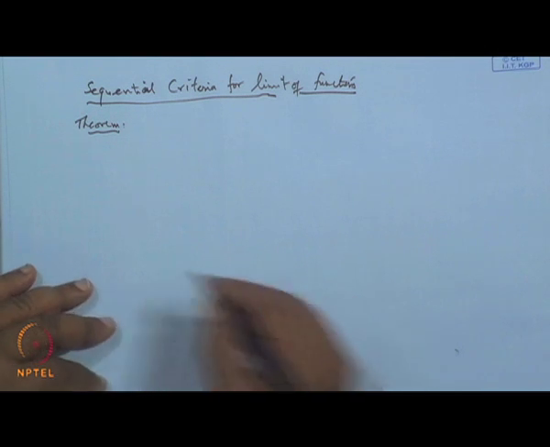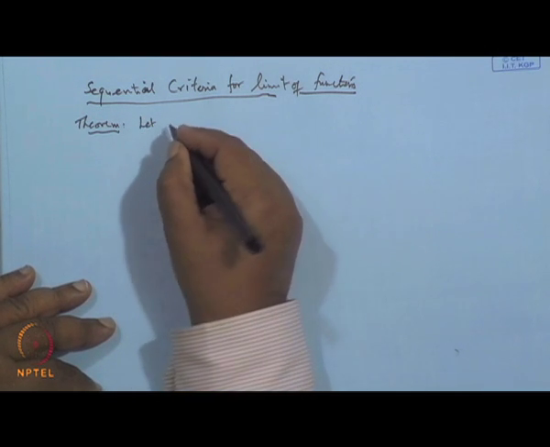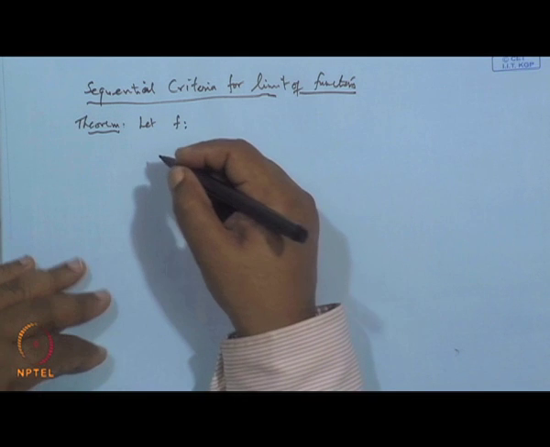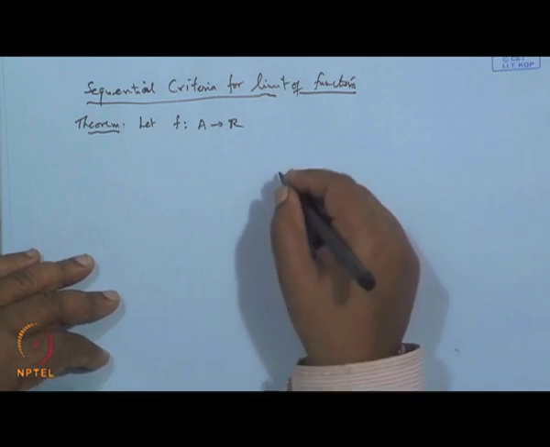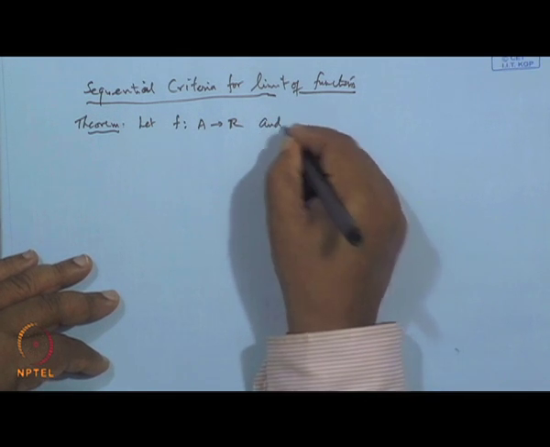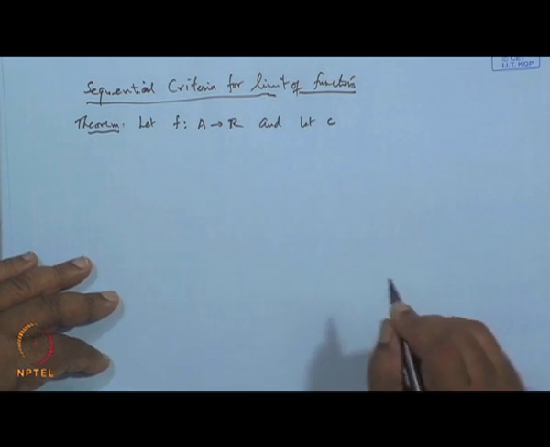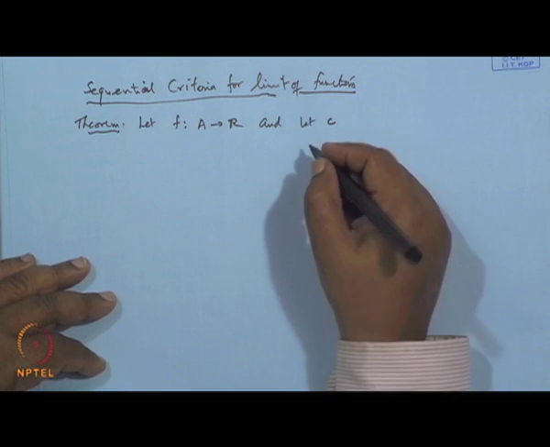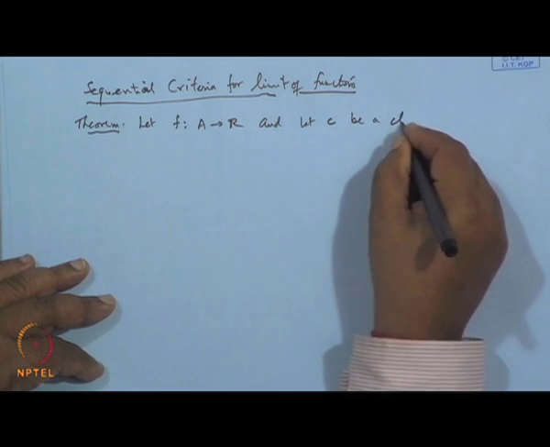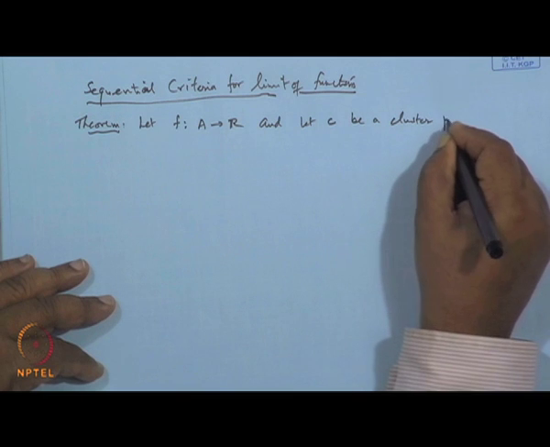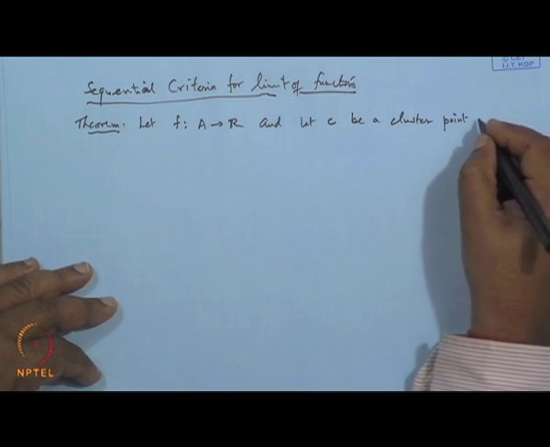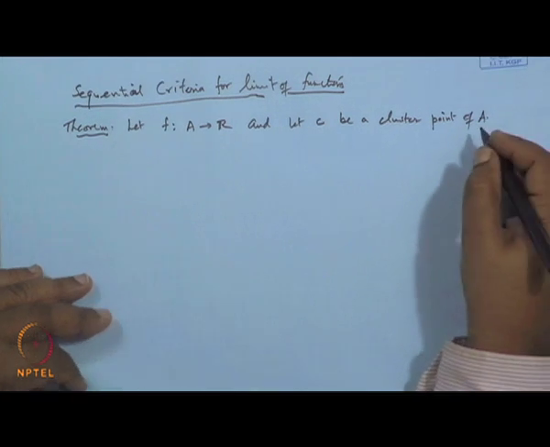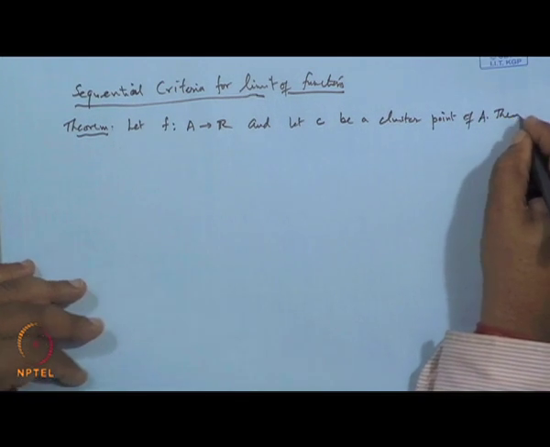The theorem says, let f be a mapping from A to R and let C be a cluster point of A, then the following are equivalent.